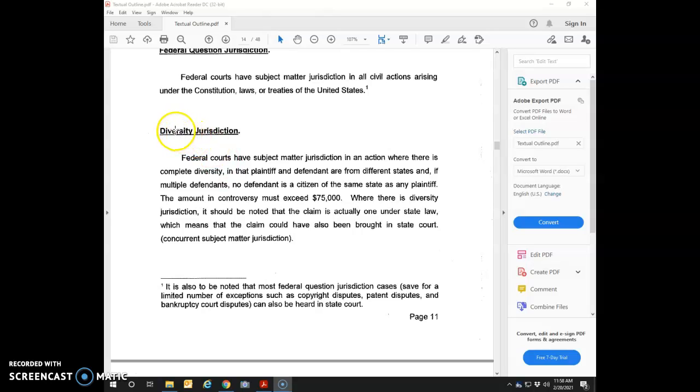Now we have something that may be a little bit surprising to some of you, though I've tried to hammer this home when I've talked about the Buffalo Creek disaster, and that's diversity jurisdiction. If we've got the plaintiff and defendant from different states, and if the amount in controversy is in excess of $75,000, and by the way, Congress sets that amount.